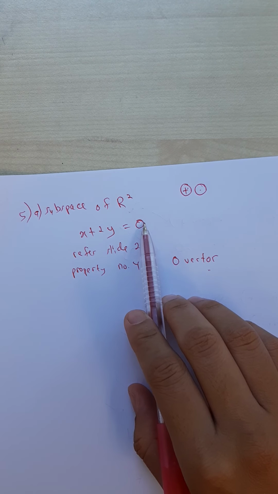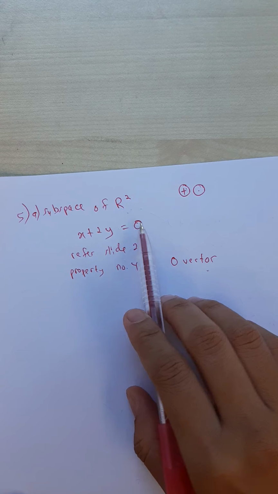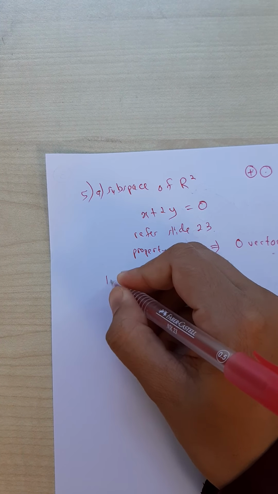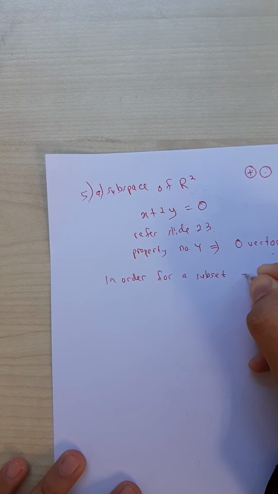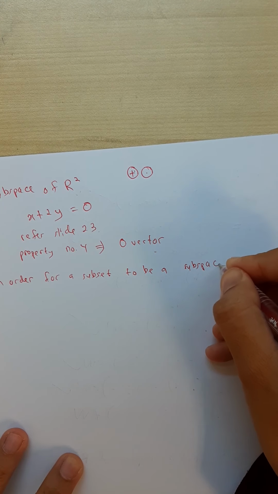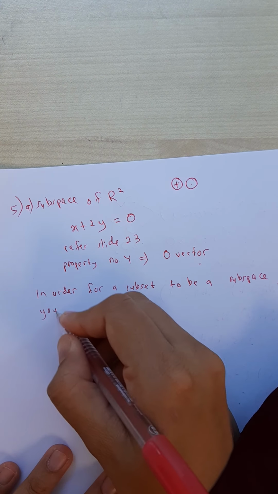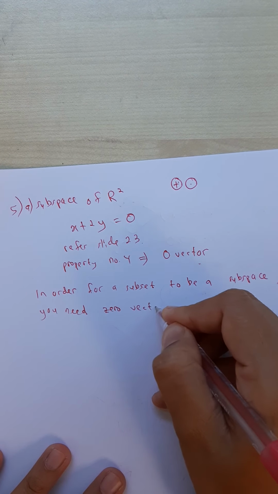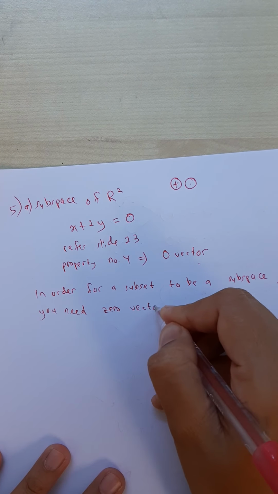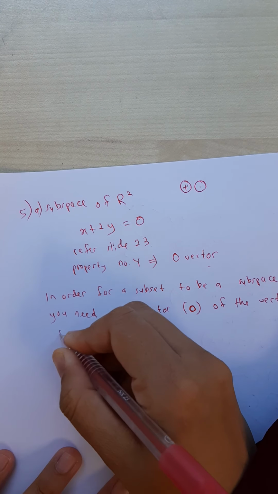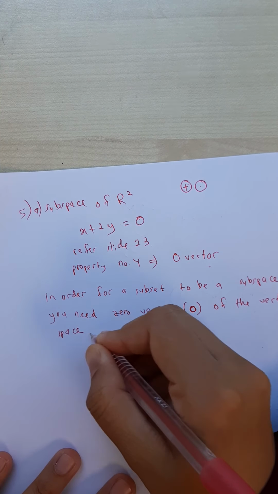In order for a subset to be a subspace, you need the 0 vector of the vector space to be included. I'm going to denote it as 0 like this.